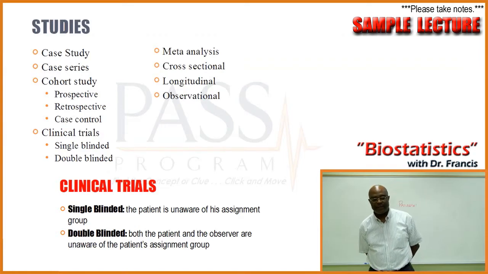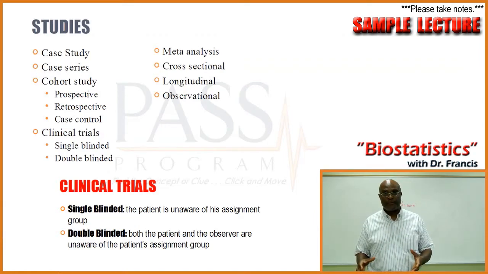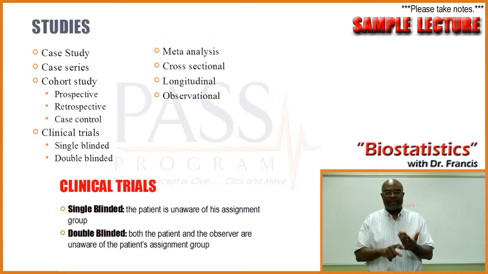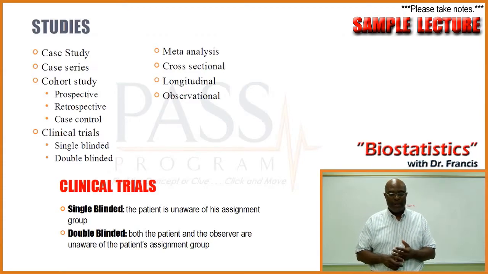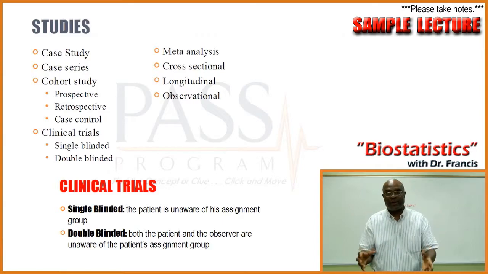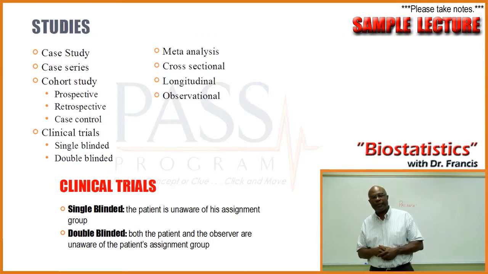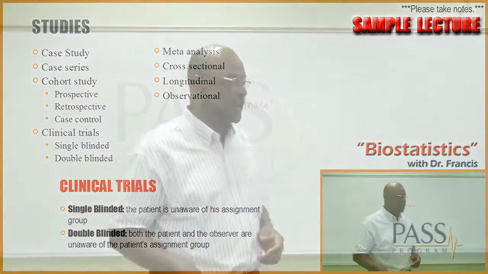A cohort study is when you grab a group of people and you have an entry criteria about who can be part of that cohort. So cohort study is simply you have a group of people, you have to set up entry criteria and then limitations. It has to be well defined so that you don't have the wrong people in that study.